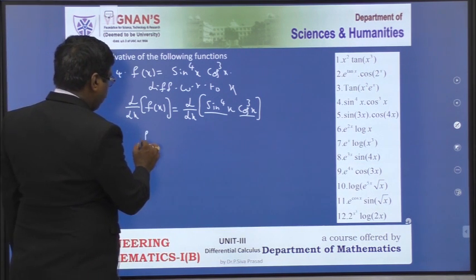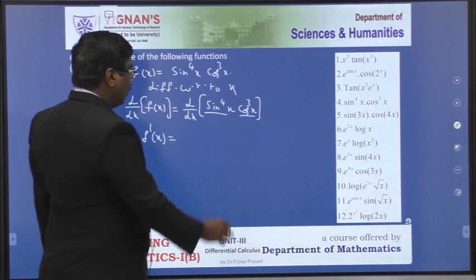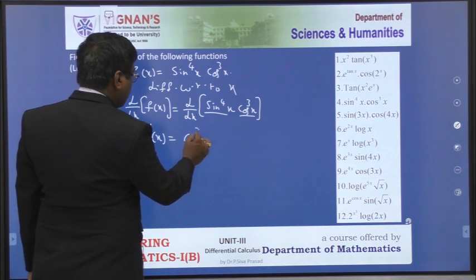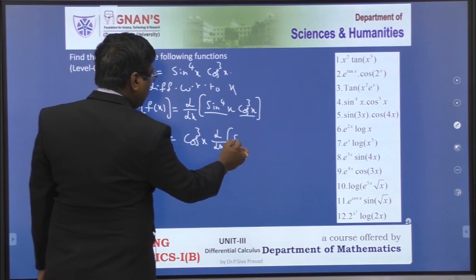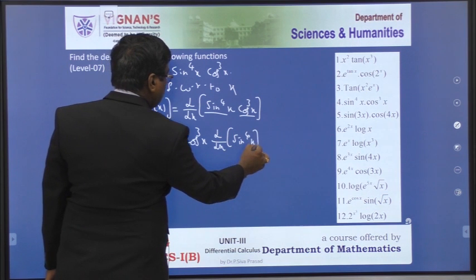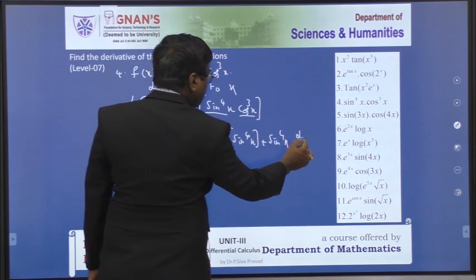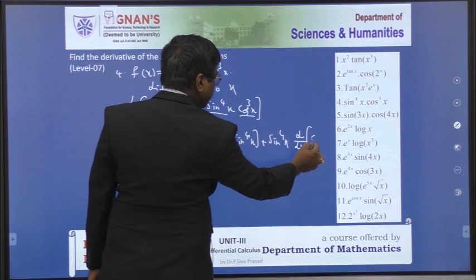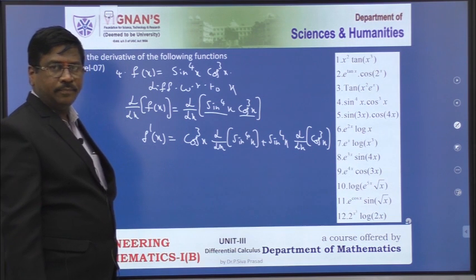Therefore, f dash of x is equal to cos cube x into d by dx of sin to the power of 4 x plus sin to the power of 4 x into d by dx of cos cube x.